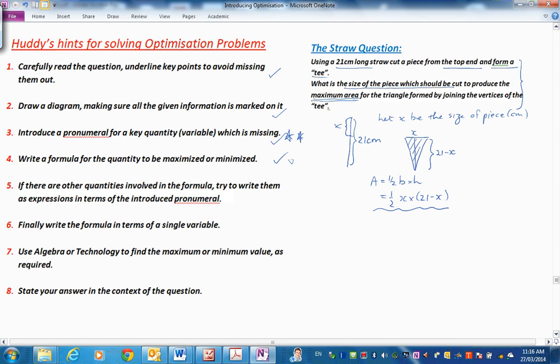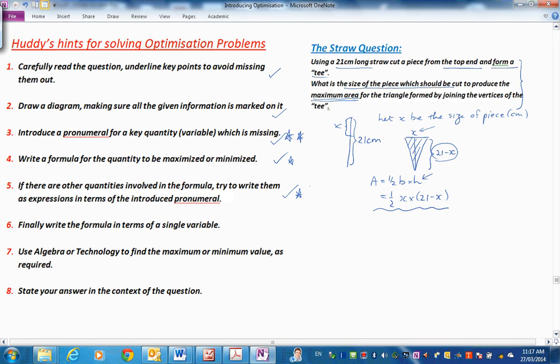Okay, we've got to here now. If there are other quantities involved in the formula, try to write them as expressions in terms of the introduced pronumeral. Oh, well, I already did that. The other quantity was the height. So I realised that had to be 21 minus what we cut off and put across the top. So that's this one.